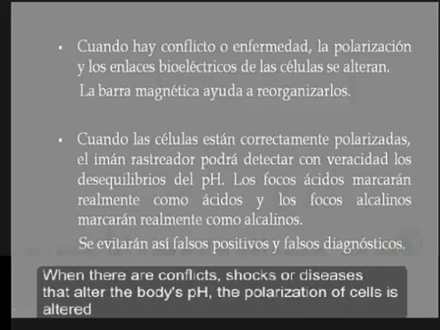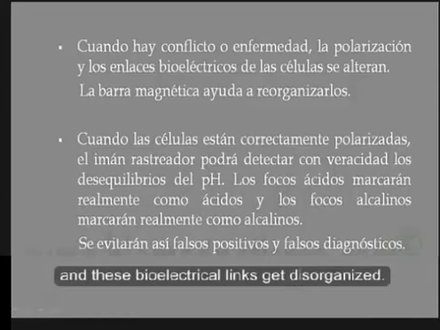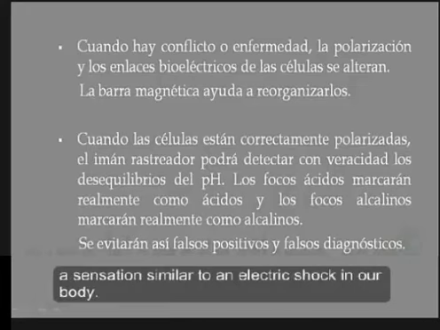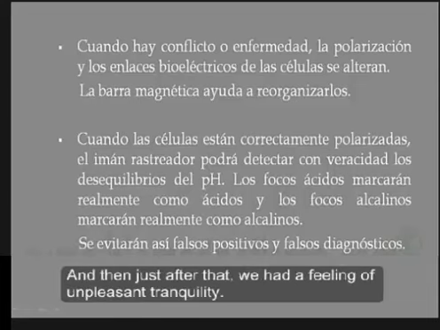When there are conflicts, shocks, or diseases that alter the body's pH, the polarization of cells is altered, and these bioelectrical links get disorganized. Many people have experienced, for example in situations of extreme fear or disgust, a sensation similar to an electric shock in our body, and then just after that we had a feeling of unpleasant tranquility.